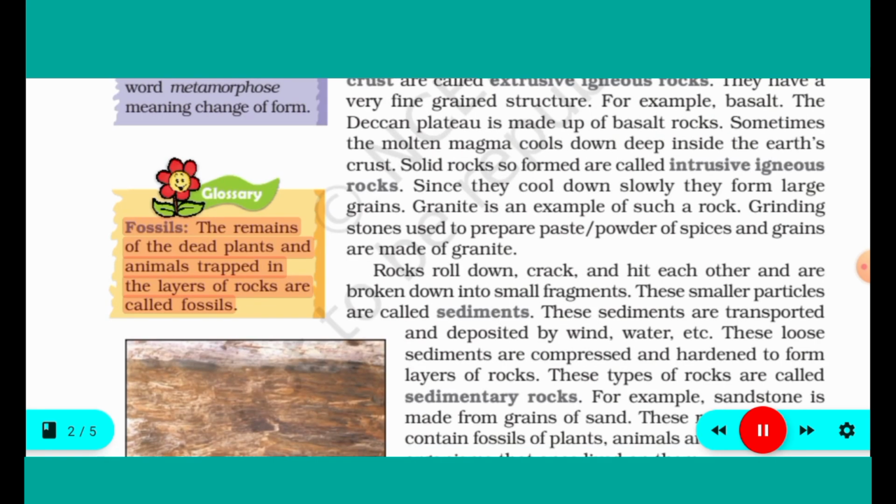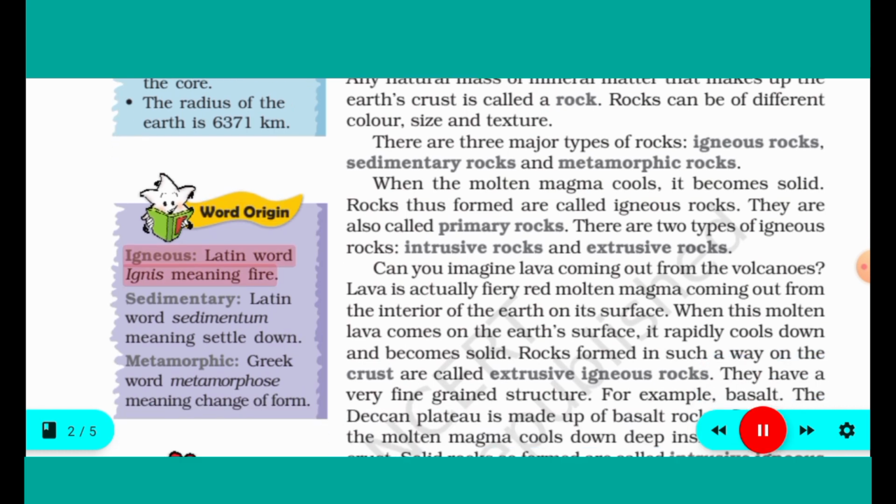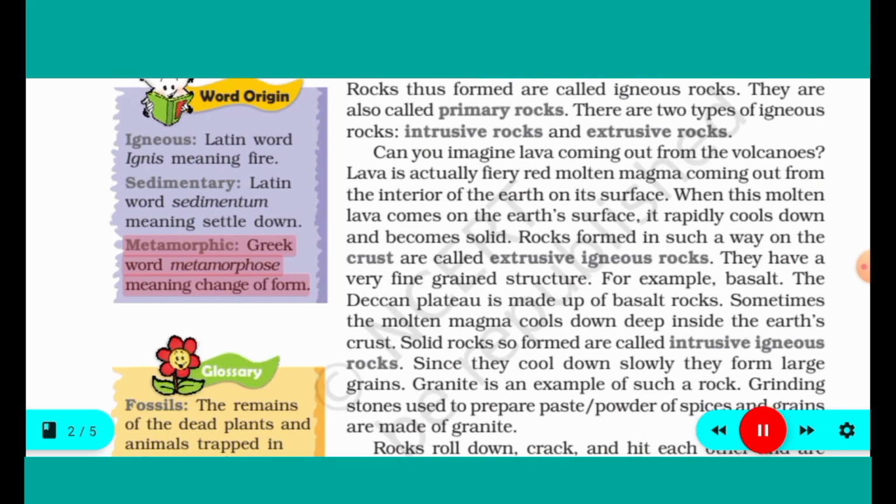Fossils, the remains of the dead plants and animals trapped in the layers of rocks, are called fossils. Word origin. Igneous, Latin word ignis meaning fire. Sedimentary, Latin word sedimentum meaning settle down. Metamorphic, Greek word metamorphos meaning change of form.